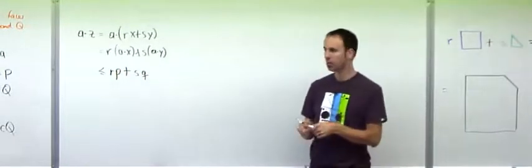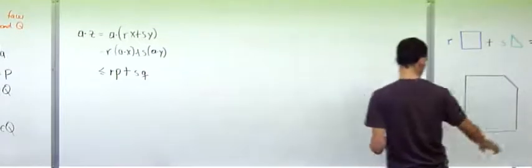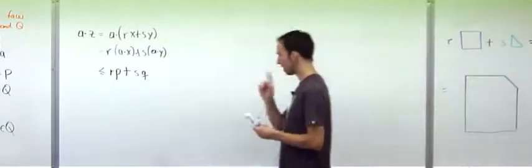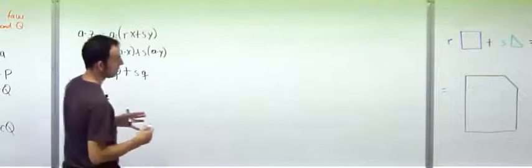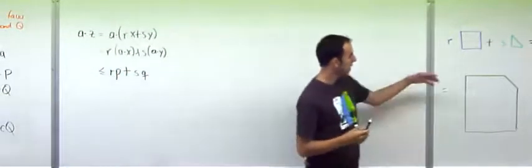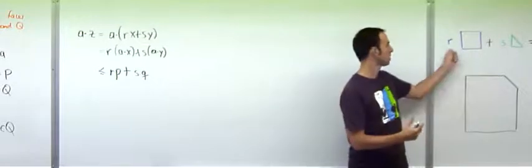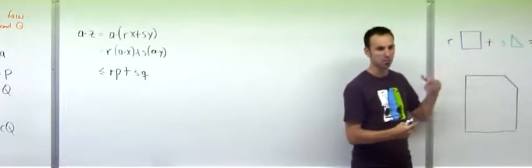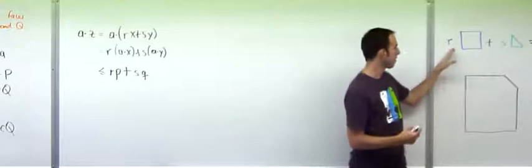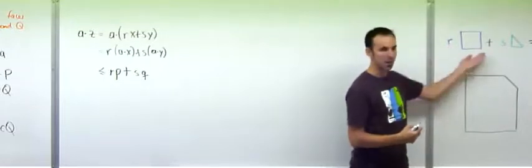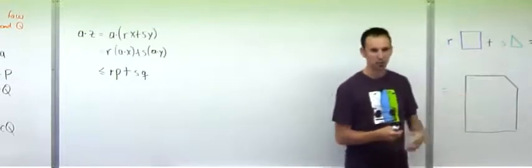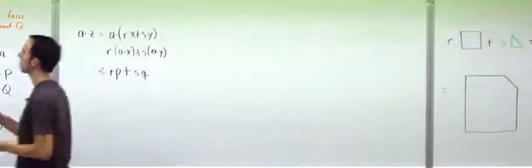And one thing that I should say explicitly here is that I want to only consider positive scalings. I don't want to consider minuses in this Minkowski sum. So I'm assuming r and s are non-negative.